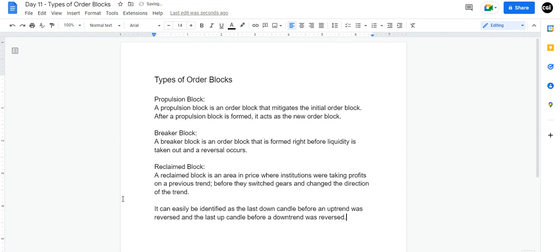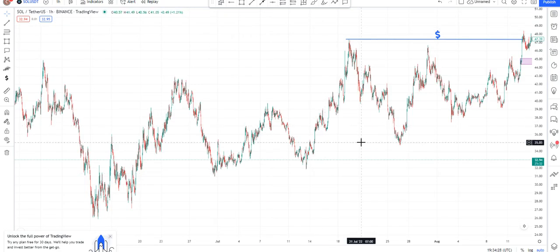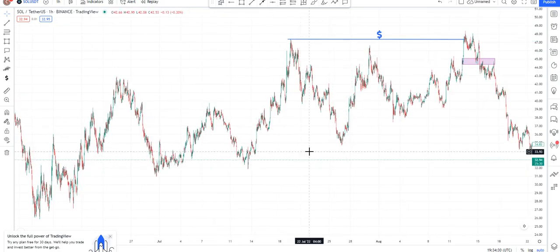I think reclaim blocks are a little rare, quite rare compared to the rest.